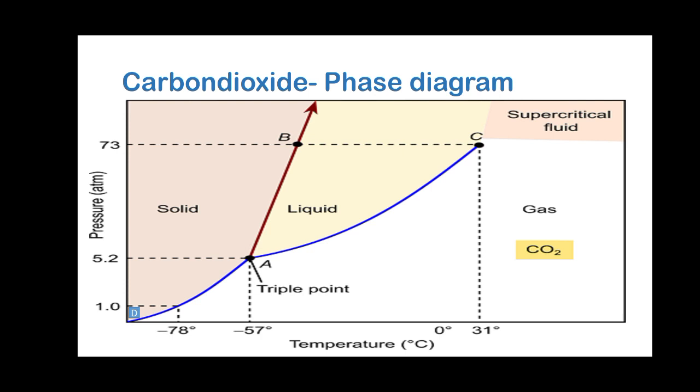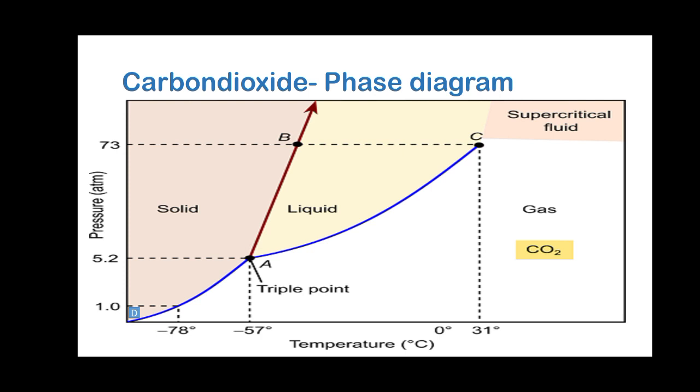The point A, the triple point, has a pressure value of 5.11 bar and 217 Kelvin, and the point C, which is known as the critical point, has the value of 72.8 bar and 304 Kelvin.